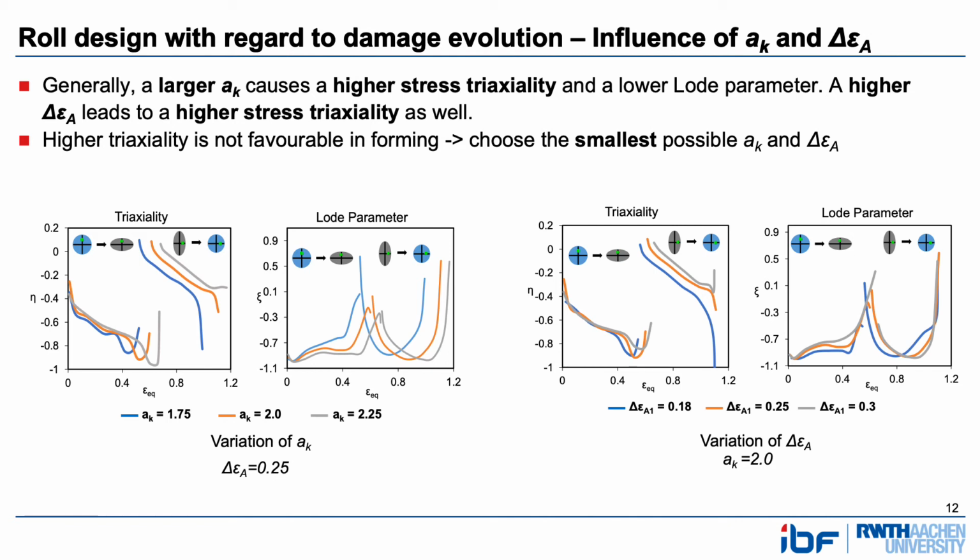So, with regard to stress triaxiality, a higher damage level is assumed to be found with larger aspect ratio and larger area reduction. In this case, the major design principle regarding damage is to choose the smallest possible aspect ratio and area reduction while respecting the constraints for a good filling degree as well.